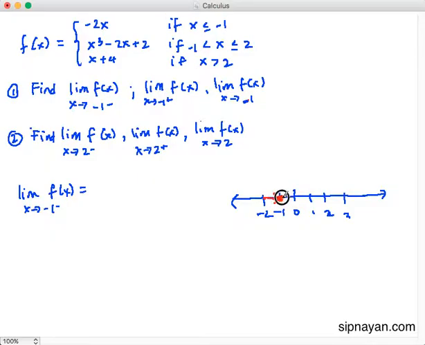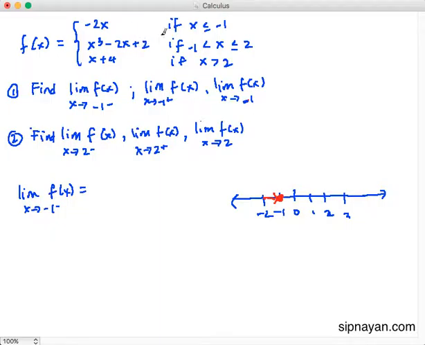In limits, our concern is the points below or near it. In this case, since it is left-hand, we look at numbers below negative 1, or points to the left of negative 1 on the number line. So, this is what we will use, when this is our condition.